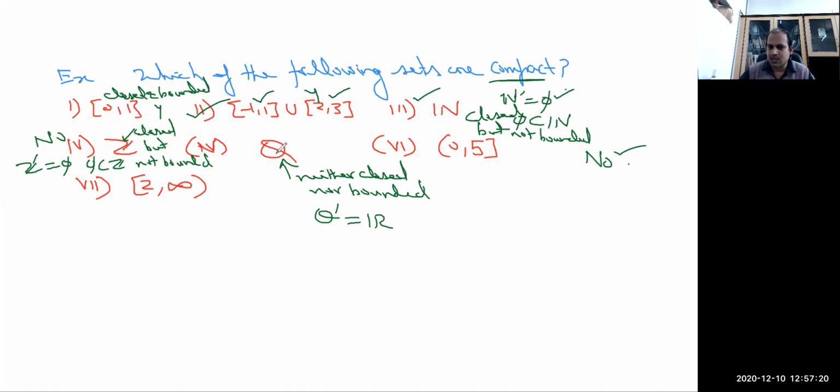So irrationals are also its limit points, which are not contained in the set, hence this set is not closed. Again, its diameter is not finite, as it has no upper bound or lower bound. So this set is not bounded, hence from Heine-Borel theorem, this set is not compact. What about this one? 0 to 5.